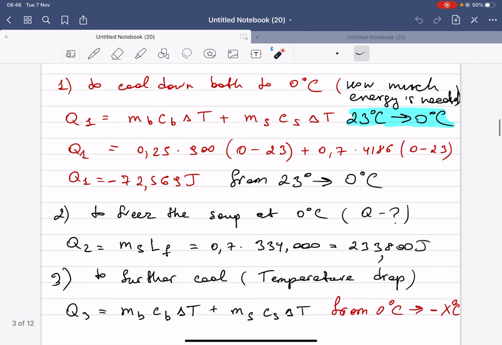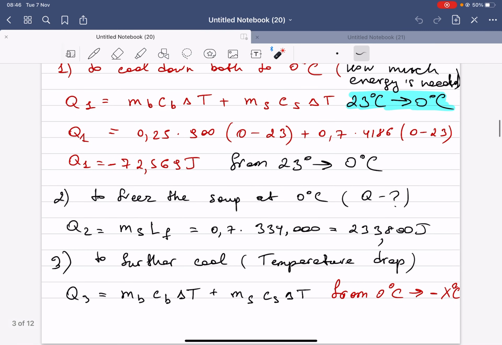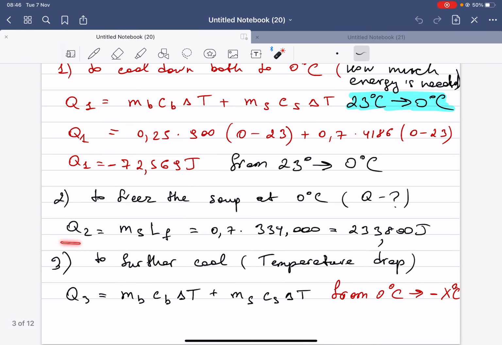Then what will happen in the second stage? The soup will go into the phase change, from liquid to ice. That's what we have to calculate. In this case, you consider only the soup, because the metal bowl will not go through a phase change, since it's not liquid. So Q2 is equal to the mass of the soup times the latent heat of fusion of the soup.